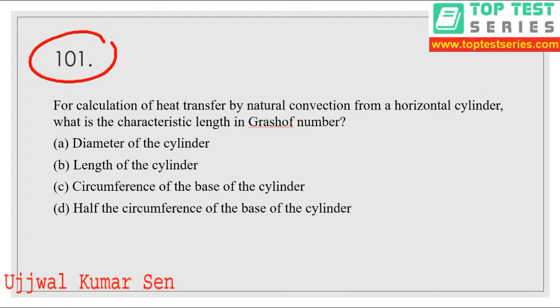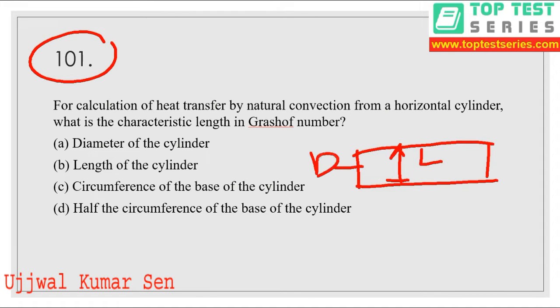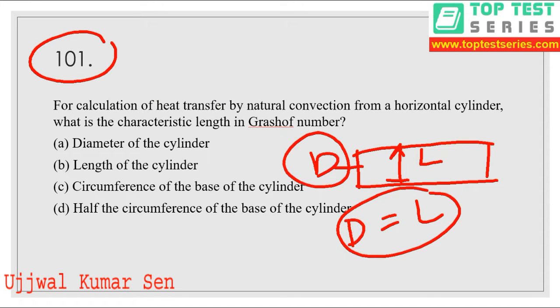For calculation of heat transfer by natural convection from a horizontal cylinder, what is the characteristic length in Grashof number? So my dear, in case of a horizontal cylinder, this would be the characteristic length L, and this is D. So in case of a horizontal cylinder, D is equal to L. That means diameter is equal to the characteristic length in Grashof number.